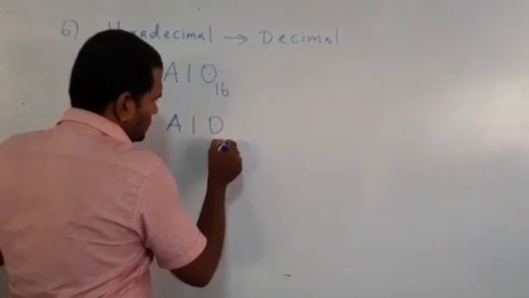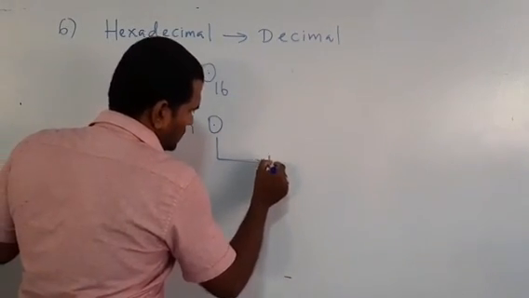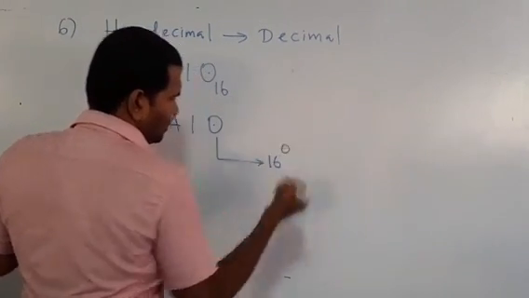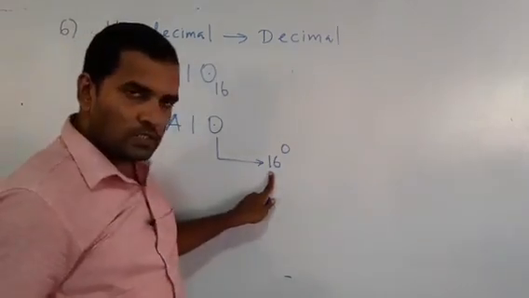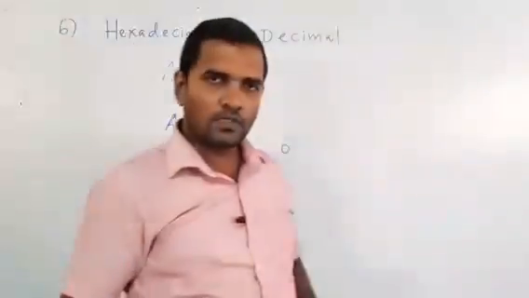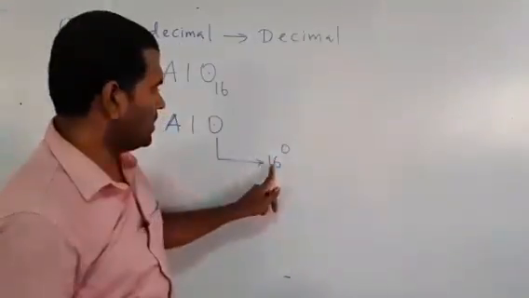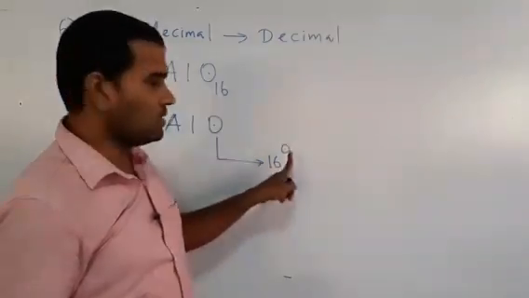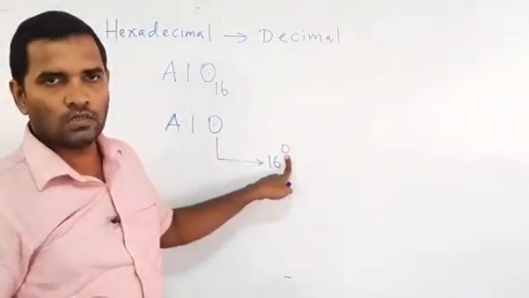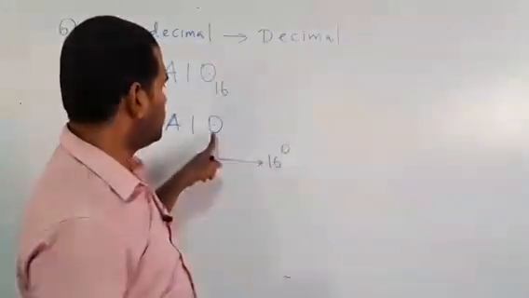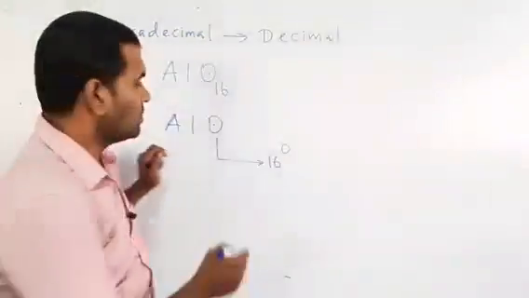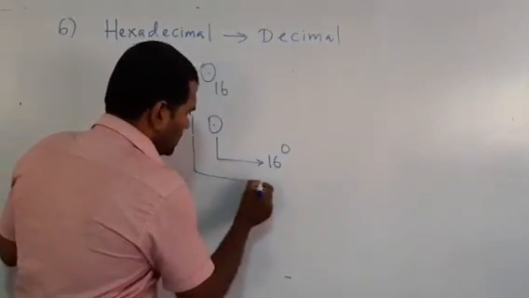So you know this is 16 to the power 0. I put 16 because every digit is hexadecimal, so 16 is there. Since it is the first digit, I put 0. Every time you write the first digit, it must be 0. So take the second one.